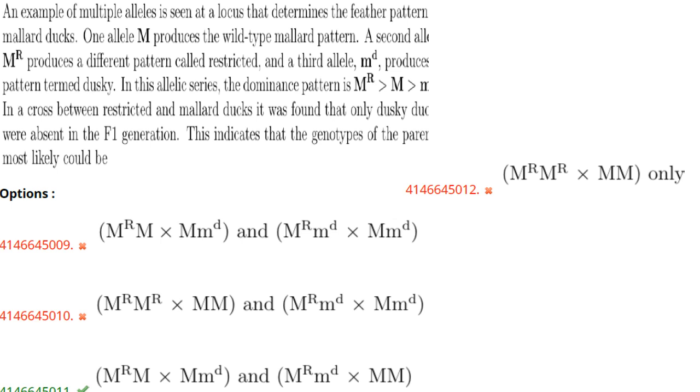In a cross between restricted and mallard ducks, it was found that only dusky ducks were absent in the F1 generation. This indicates that the genotypes of the parents most likely could be. So I have done the various types of crosses they have mentioned here, all of them, in the next slide.